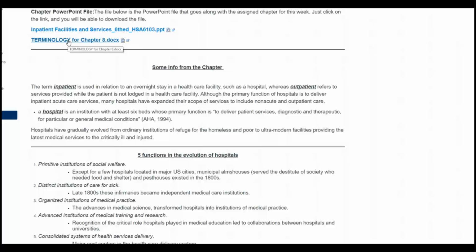Hospitals actually gradually evolved from ordinary institutions of refuge for the homeless, as we've read before, alms houses and pest houses, into ultra-modern facilities. Now, I'm going to go into the topic of inpatient facilities a little deeper by switching over to our PowerPoint presentation. So let me do that now.